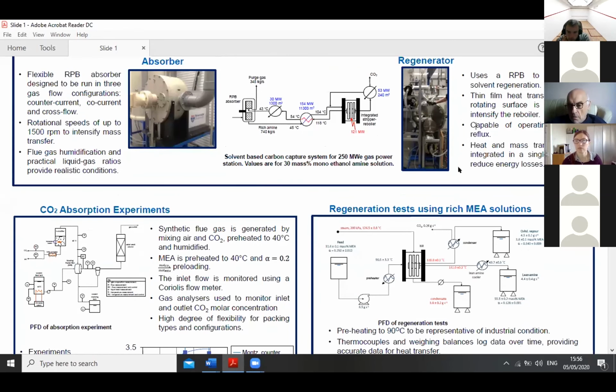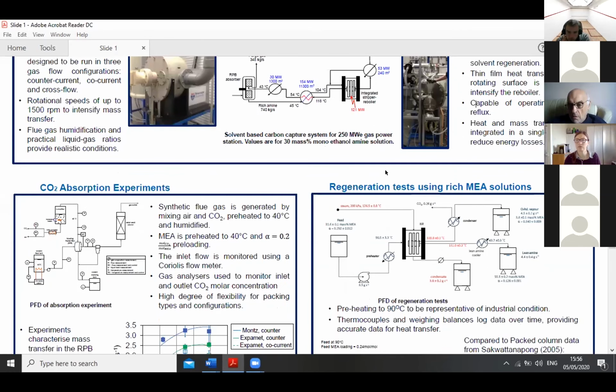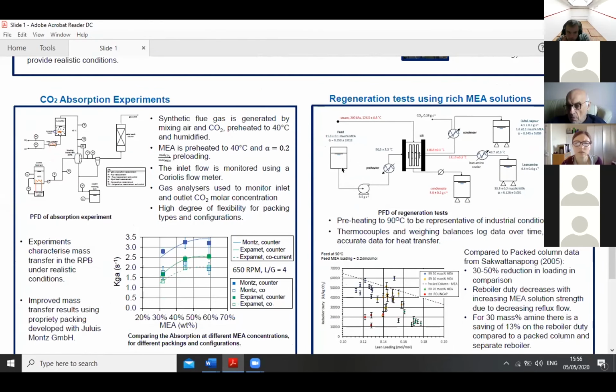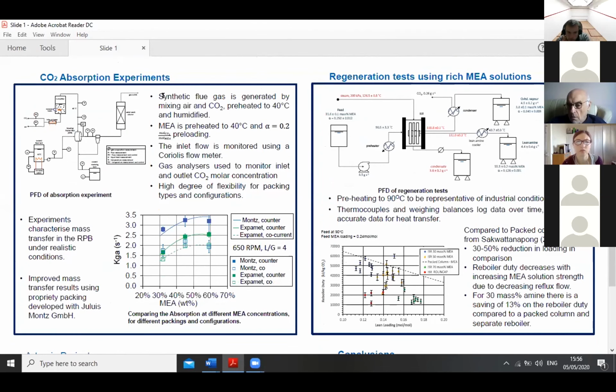That's our first prototype in that area, but the machine works essentially. So these two flow diagrams are showing how we set up the experiment. And again, it's a focus on realistic conditions for the inlets and flexibility in operation.